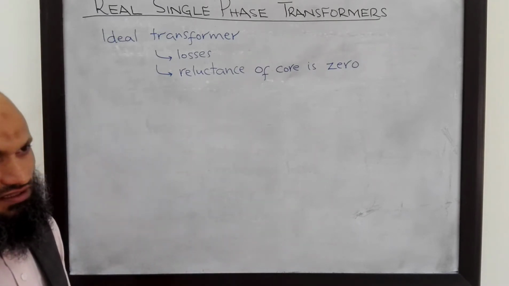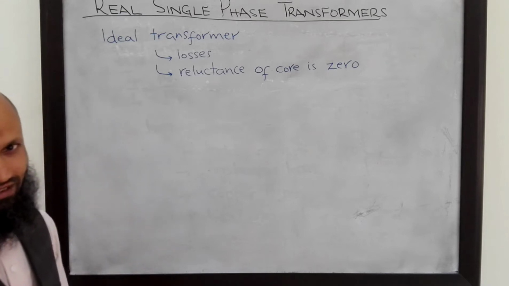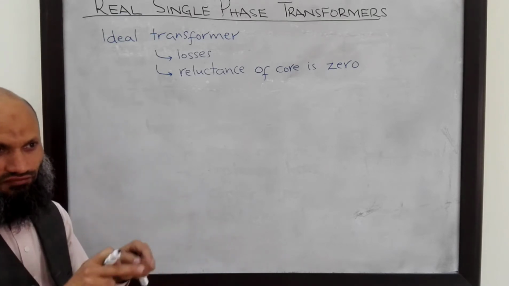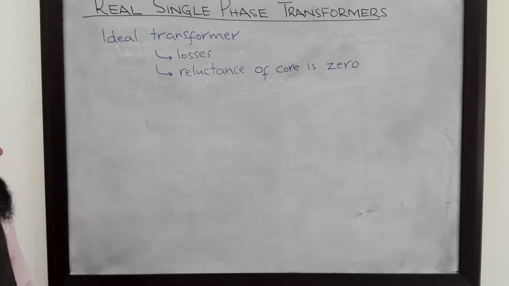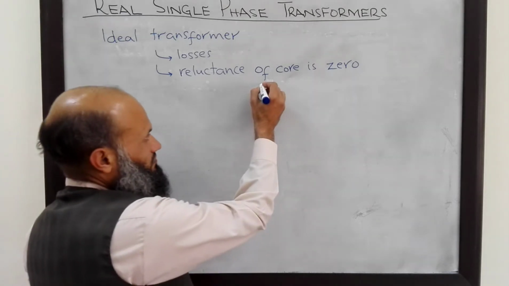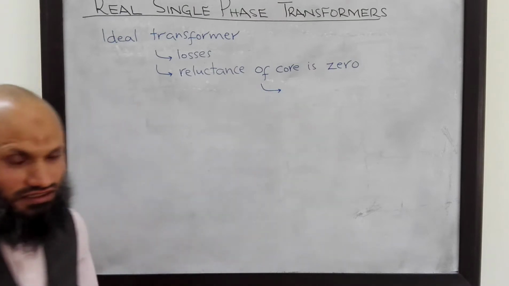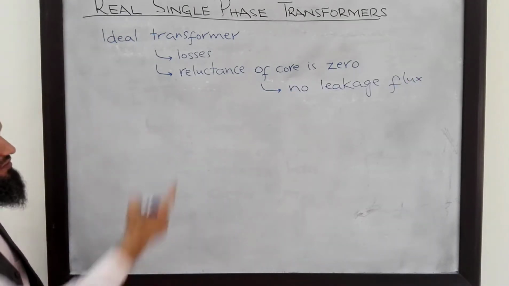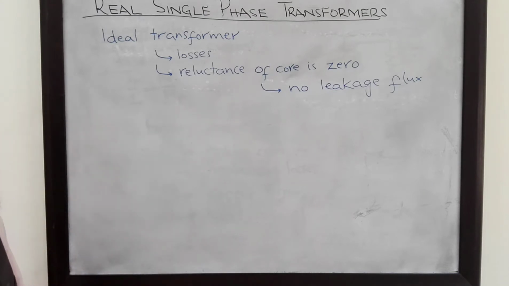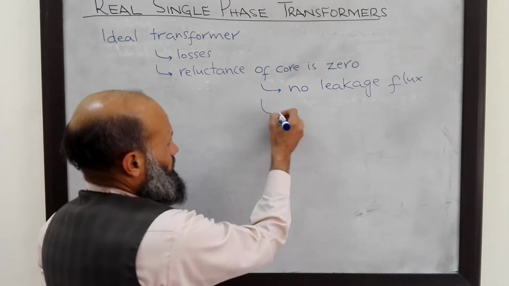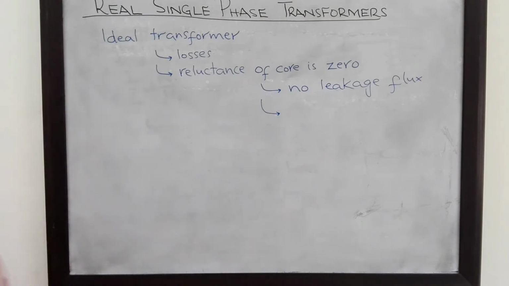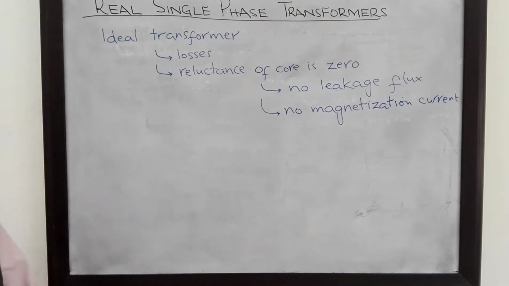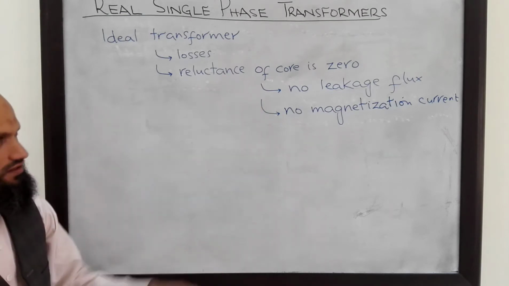Firstly, since the reluctance of the core is 0 and the reluctance of free space is much higher, all of the flux will be constrained to the core and there will be no leakage flux. In an ideal transformer, there is no leakage flux. Furthermore, no magnetization current is required for an ideal transformer. We shall talk about these points in more detail.